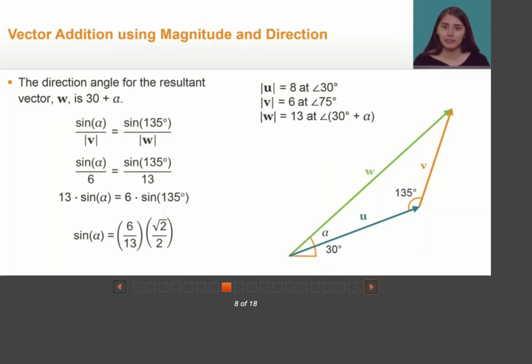We'll use the calculator to find the approximate value. The inverse sine of that value is approximately 19 degrees. This makes the direction angle for vector w 30 plus 19, which is 49 degrees.